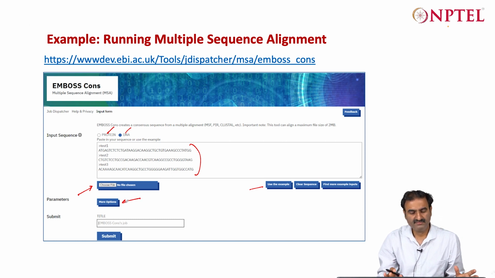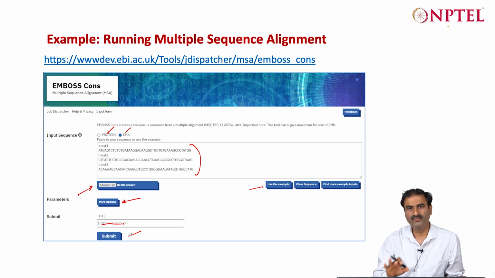We'll not go into the details of that, but with more knowledge of what you are going to do, the results can be fine-tuned using more options. You can always define a title for your job, like job 1 underscore today's date, and then say submit.